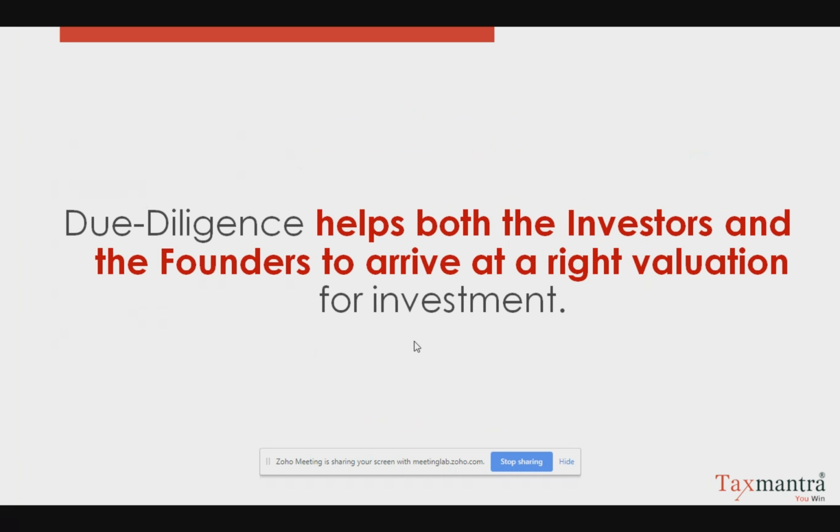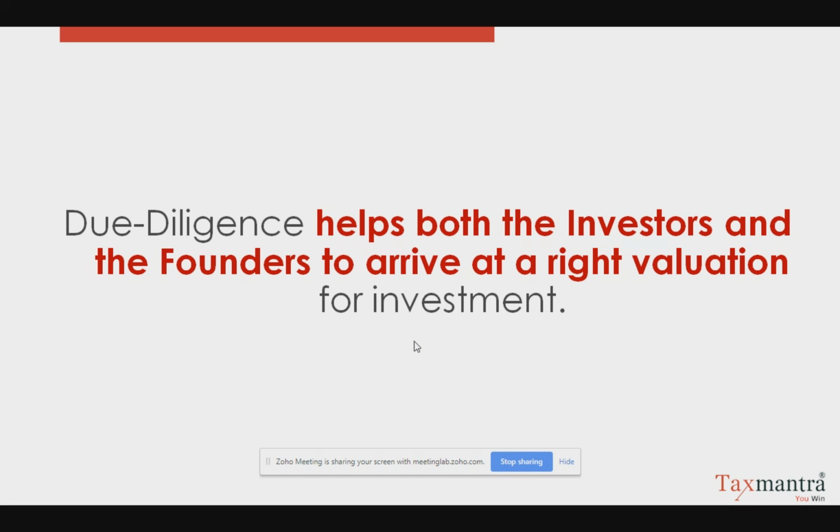You go to the investors, and you successfully managed to impress the investors, and they have agreed to put in the money. Now the next stage is deciding on the valuation, what value they are going to invest. At this point of time, the founders can say that, look, these are my papers.